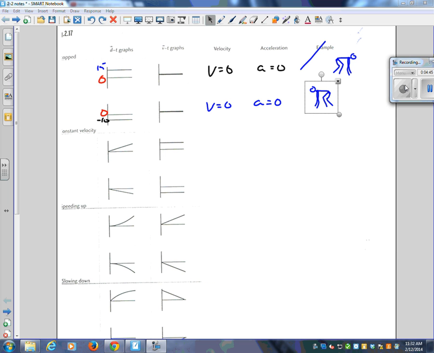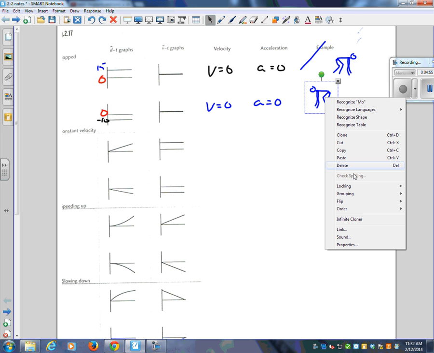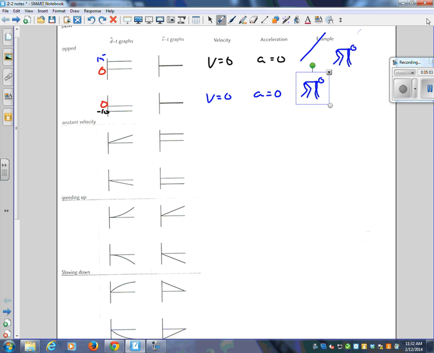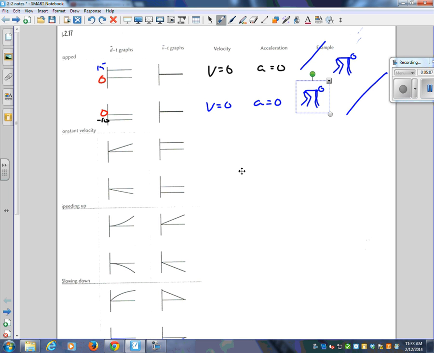Great question, though. Can you even tell the direction that the person is facing when the diagram shows that they're stopped? I say no. I personally think that this should be like this, and the only difference is that they're back, and the start line is there. I think that's a better picture of what's actually happening.